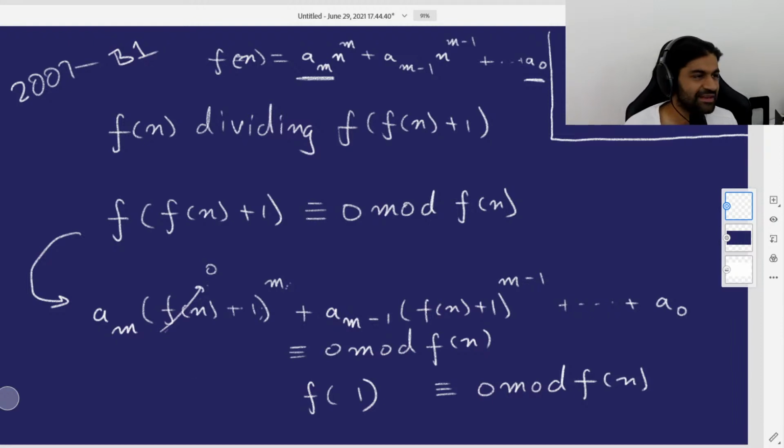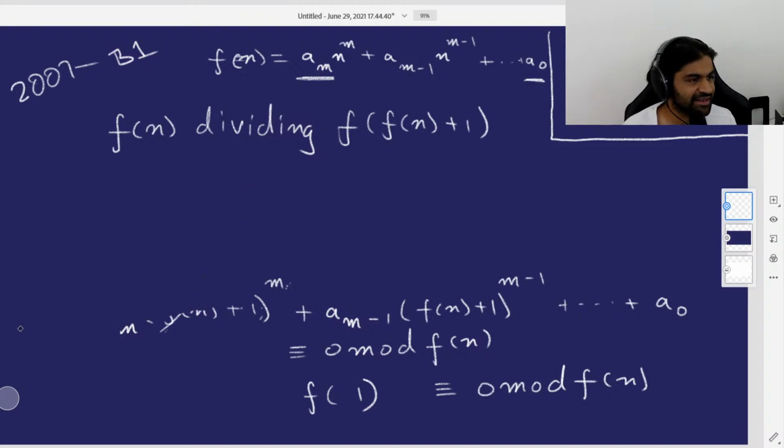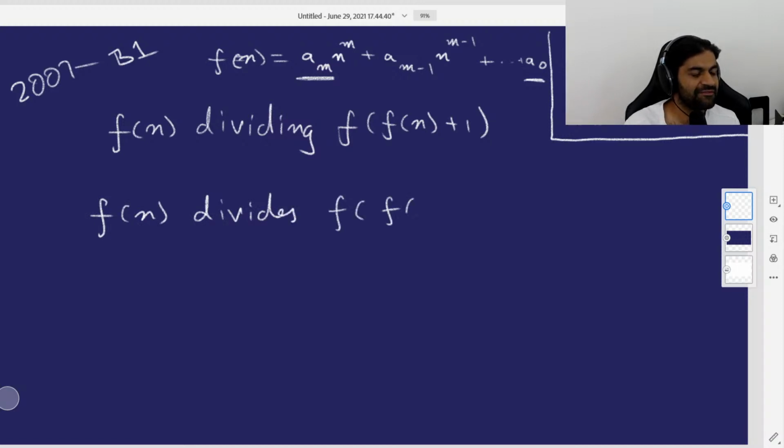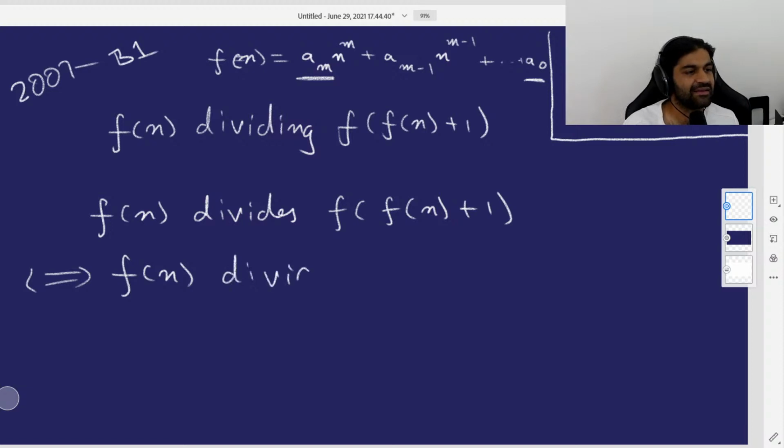Okay? So let me rewrite what we've just proved without making reference to modular arithmetic. So f of n divides f of n plus 1 if and only if f of n divides f of 1.